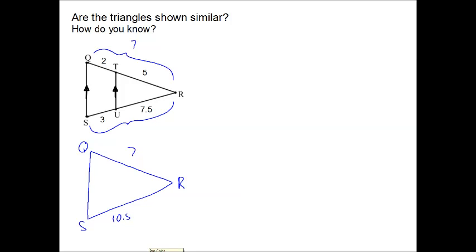And then we have the smaller triangle TUR, and that has side lengths 5 and 7.5.